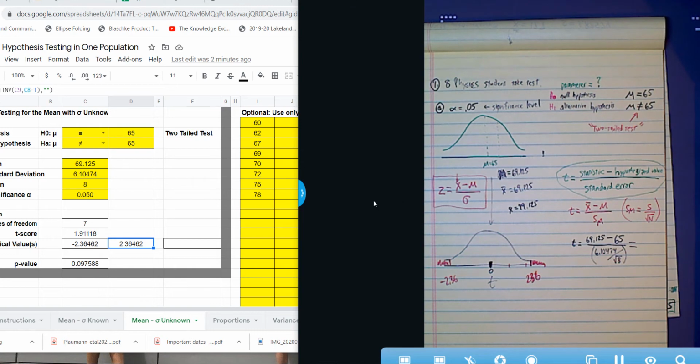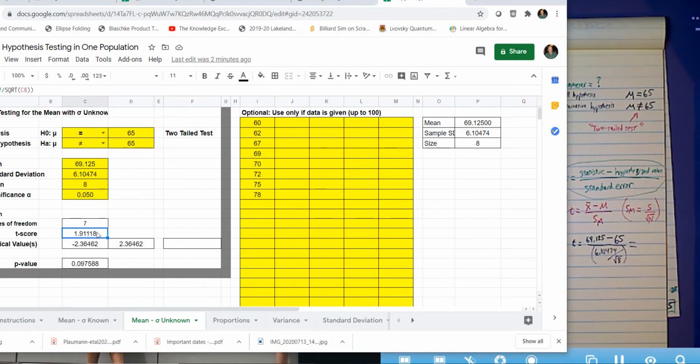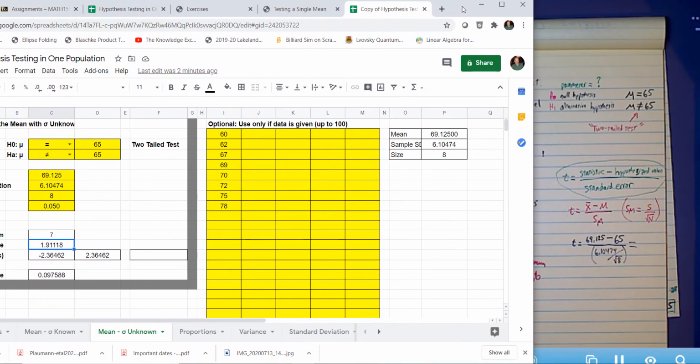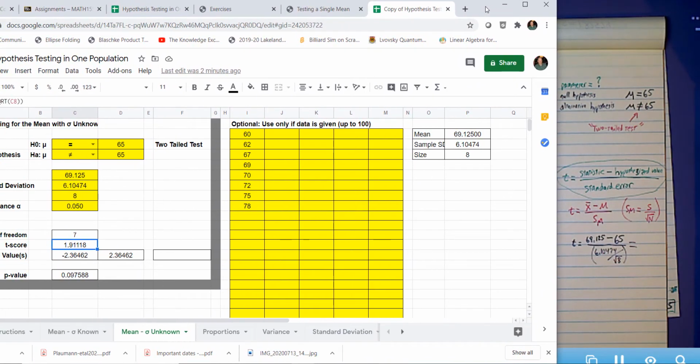But now if you look, I can click on this cell here, and you'll notice what it's doing. If you actually look at the formula, it says C6 minus D4 divided by, not just C7, but C7 over the square root of C8. So it's exactly doing the work that I filled in here.